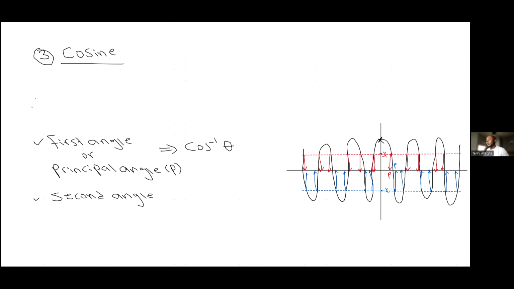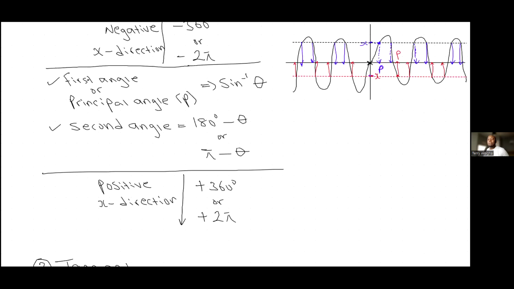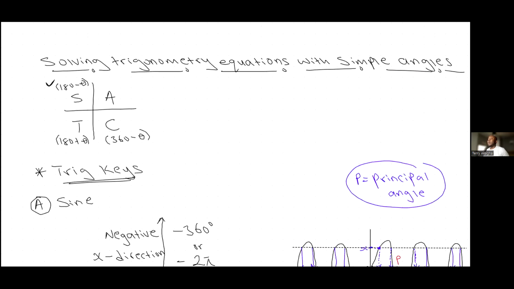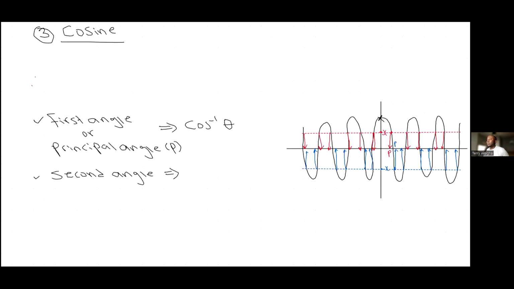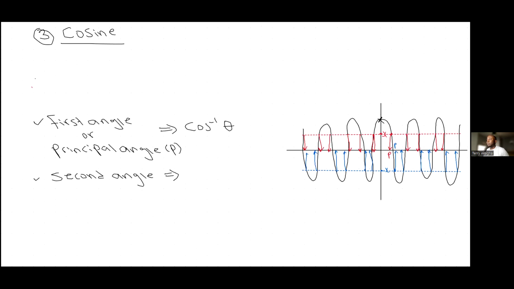How do you find the second angle? If you go back to the CAST diagram we talked about, for cosine the second angle is 360 minus theta. Or if you're working in radians, it's going to be 2 pi minus theta. And this is how you get the first angle and the second angle.